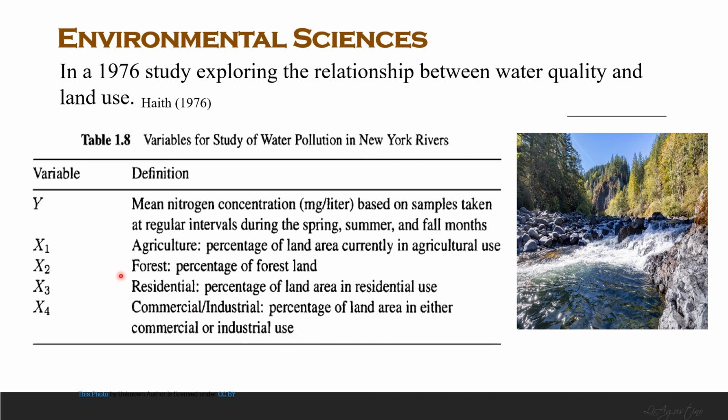Do these X variables, the predictors or explanatory variables, have an effect or a functional relationship with the nitrogen concentrations in our rivers? So in this study, we could also use regression analysis.